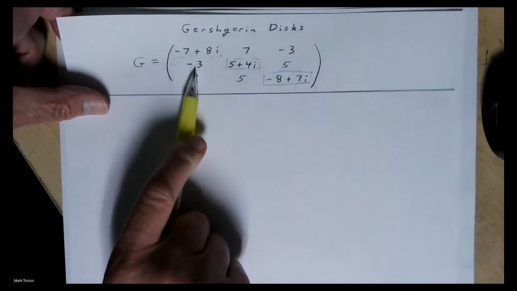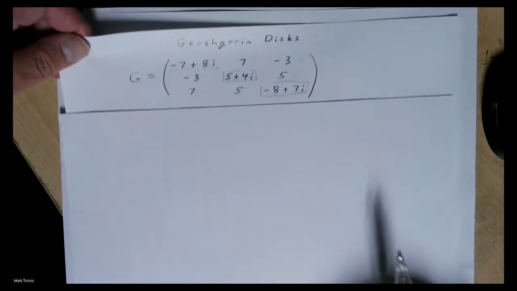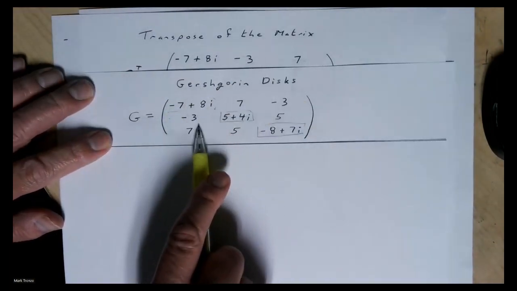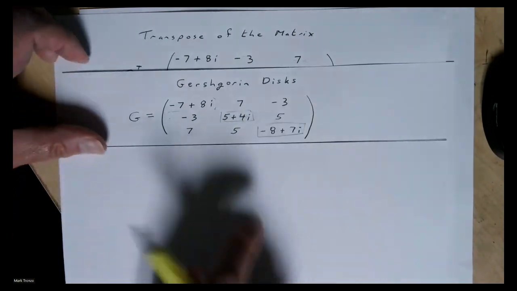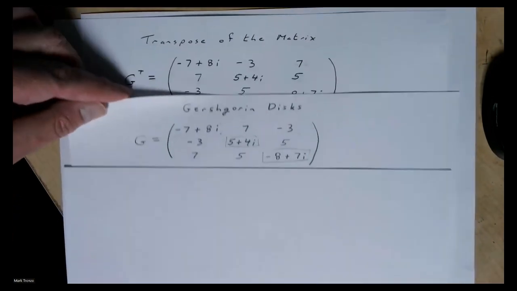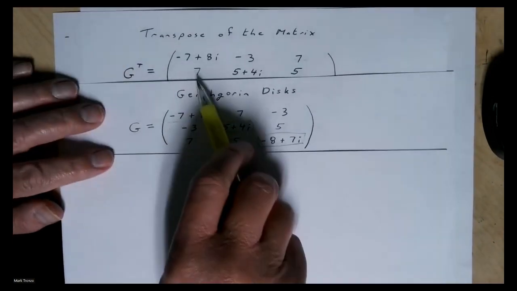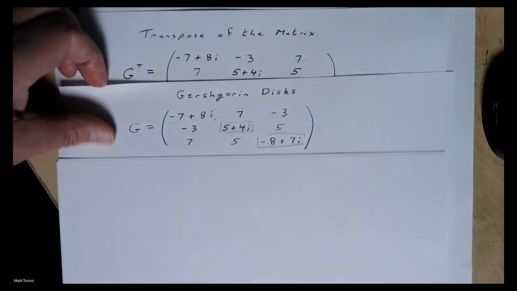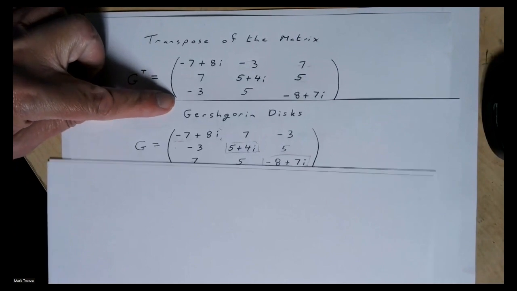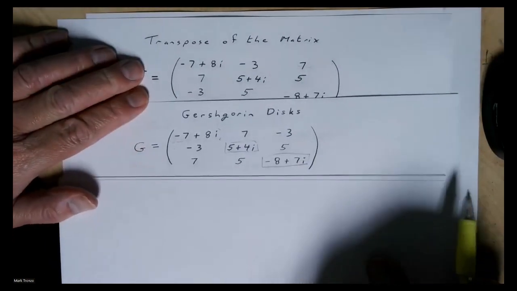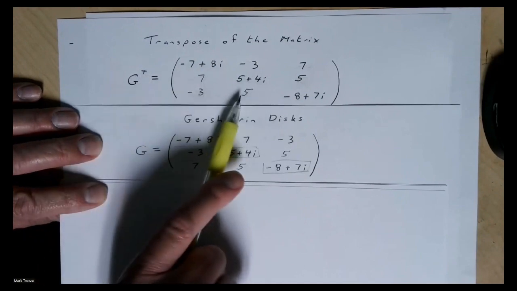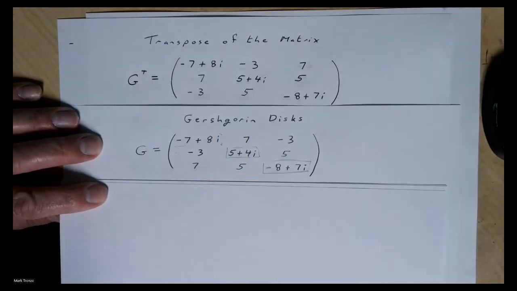So we're going to make this column into the first row. So we're going to put -3, 7. Then we're going to make the next column into the second row, 7, 5 plus 4i, 5. And then take the third column and turn it into the third row, and that gives us the transpose matrix.